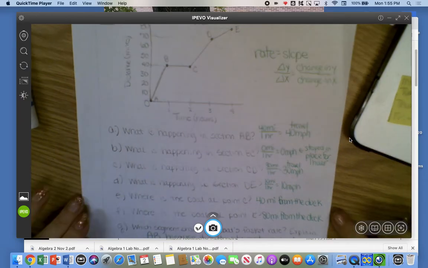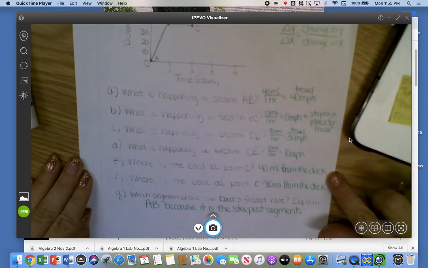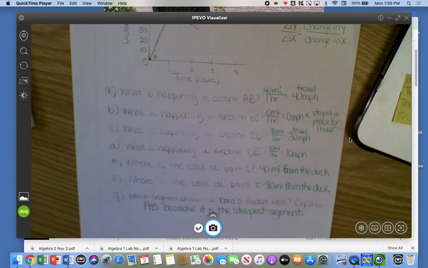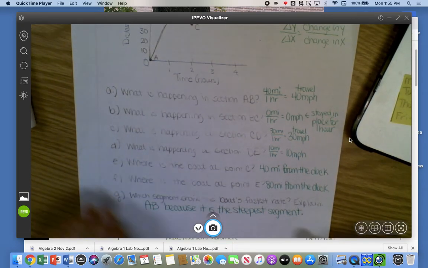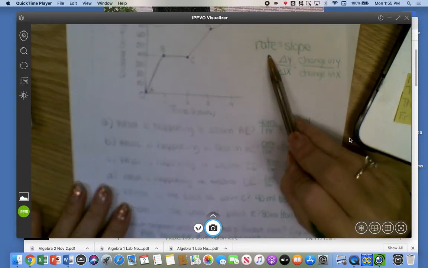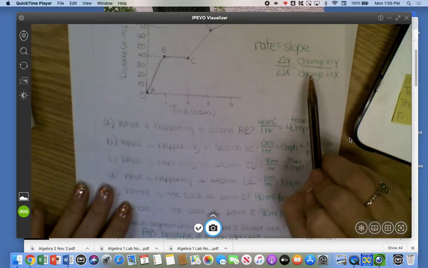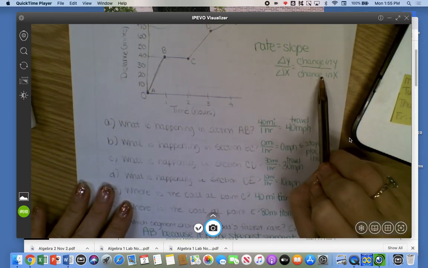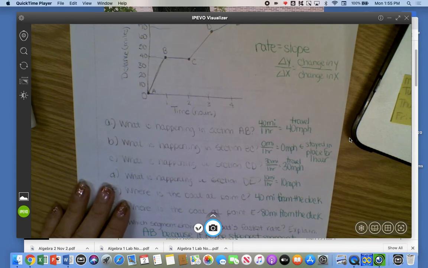So just remember, when you are doing rate, you are finding slope. You're comparing how much you're changing on the y-axis to how much you're changing on the x-axis.